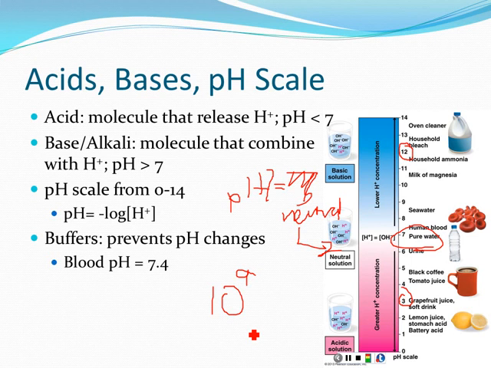But if it's not big amounts and it's somewhere near 7.4, it's going to stay at 7.4, even if I'm injecting urine into my blood, which is pH 6. It might go down to 7.3-ish, but it's going to remain near 7.4, even though we're injecting a pH 6 liquid.